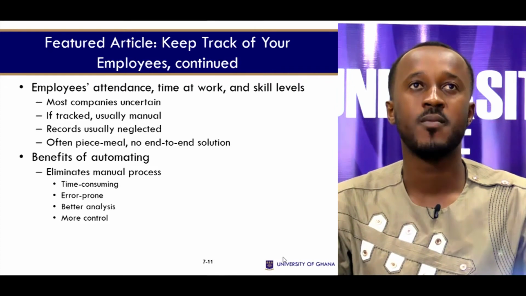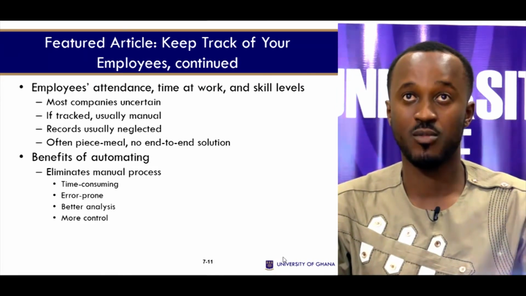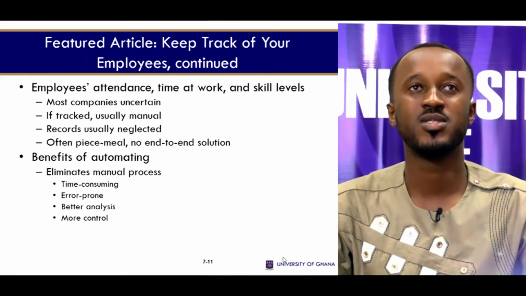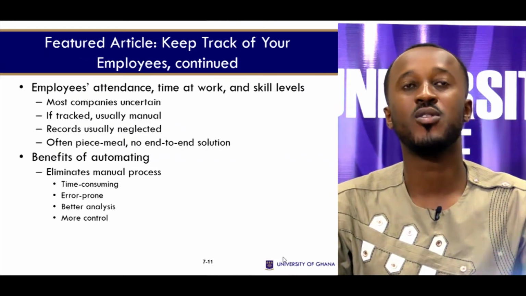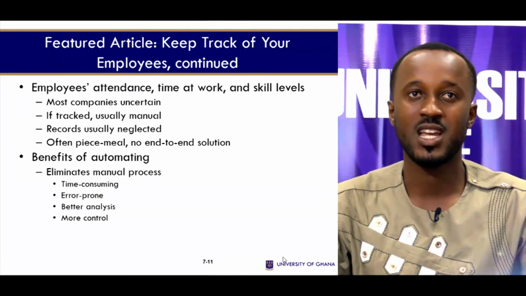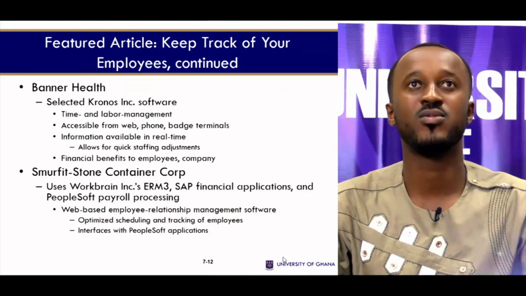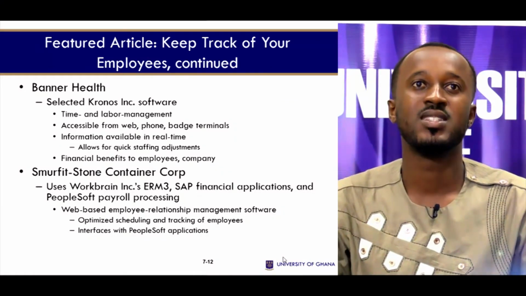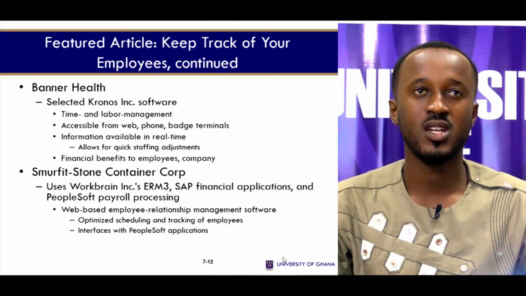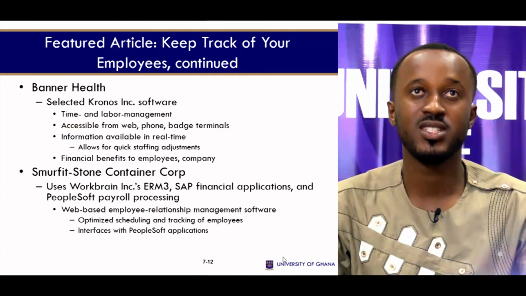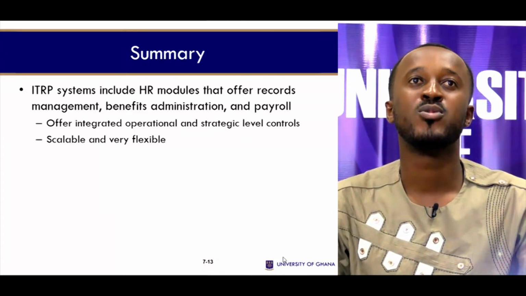We'll also look at employees' attendance, time at work, and the skill levels. We'll look at benefits of automating, which eliminates the manual processes, which are usually time-consuming, error-prone, and so forth. We'll take a look at Banner Health. We'll look at another organization known as the Smurfit-Stone Container Corporation to be able to come to a conclusion on this session.